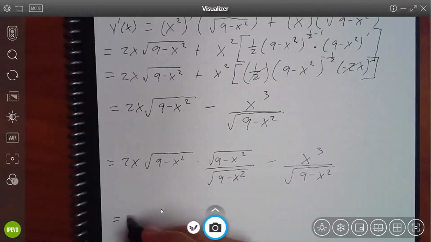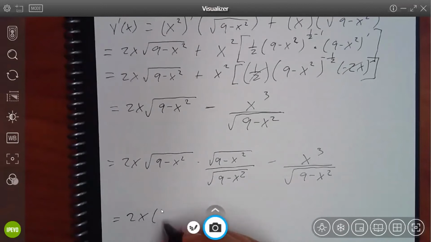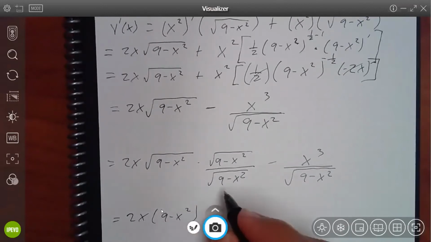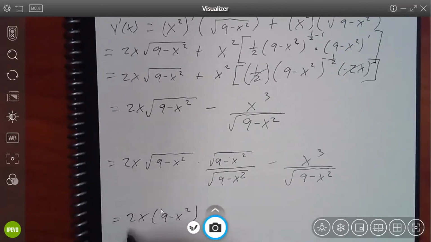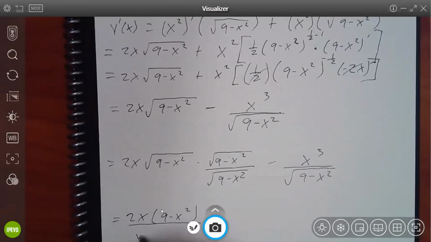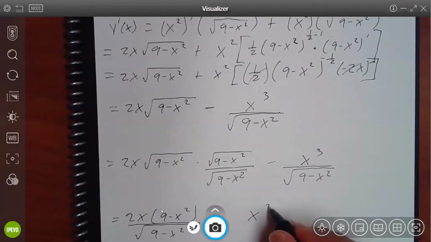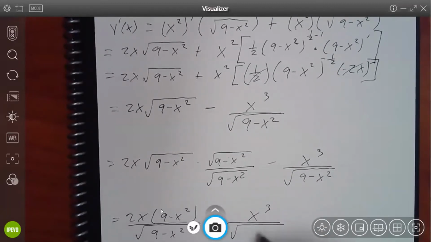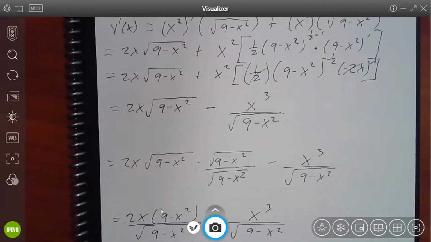So that'll be 2x times 9 minus x squared, because these will become one power instead of square root power. It's still the same, but now you can combine them.